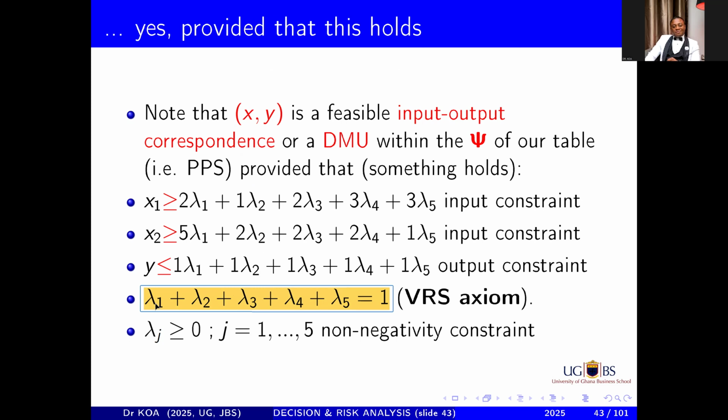The lambdas are the importance you are assigning to any of your colleague members to helping you obtain the highest efficiency. Because your efficiency is not determined alone by you.